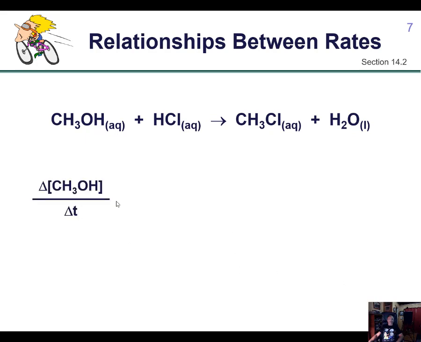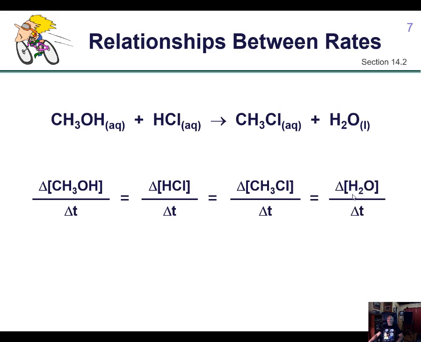Now, if we take a look at the rates for all of these components in this simple 1 to 1 to 1 to 1 stoichiometry, we have a negative value for the methanol, which is a reactant, a negative value for the hydrochloric acid rate because it's a reactant, but a positive value for both of our products, chloromethane and water, because their concentrations are increasing.